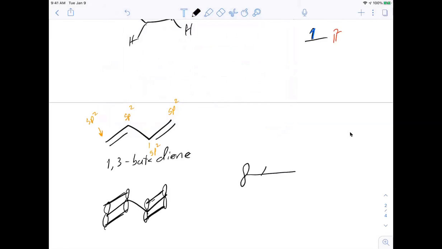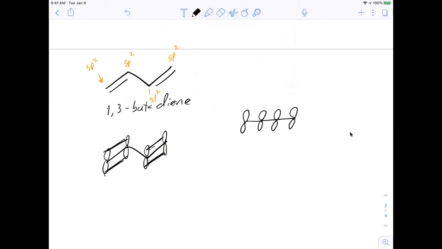But we can also show this as this. And what we're going to look at, so we've got these four. What I'm doing is just straightening it out to make it a little easier to draw.